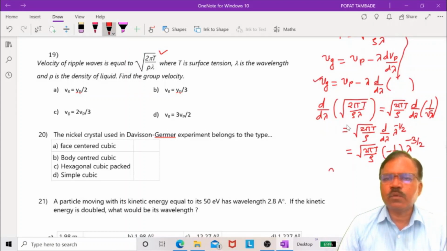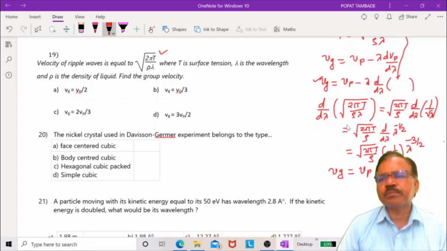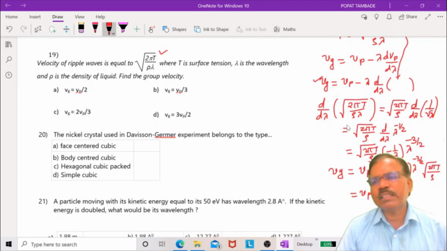So we get Vg is equal to Vp minus lambda into minus 1 half lambda raised to minus 3 by 2 into root of 2 pi t upon rho. So if we see here, Vp minus minus, that is plus, so I can write 1 half lambda into lambda raised to minus 3 by 2.